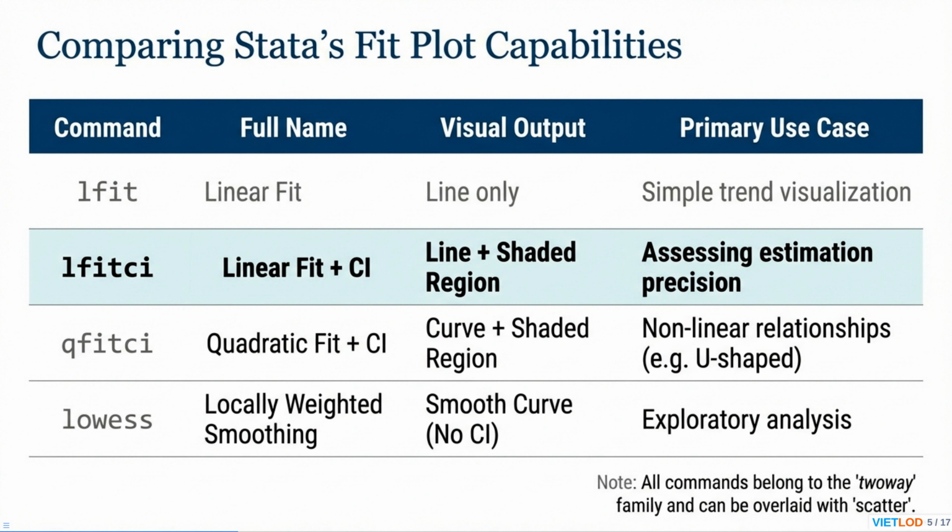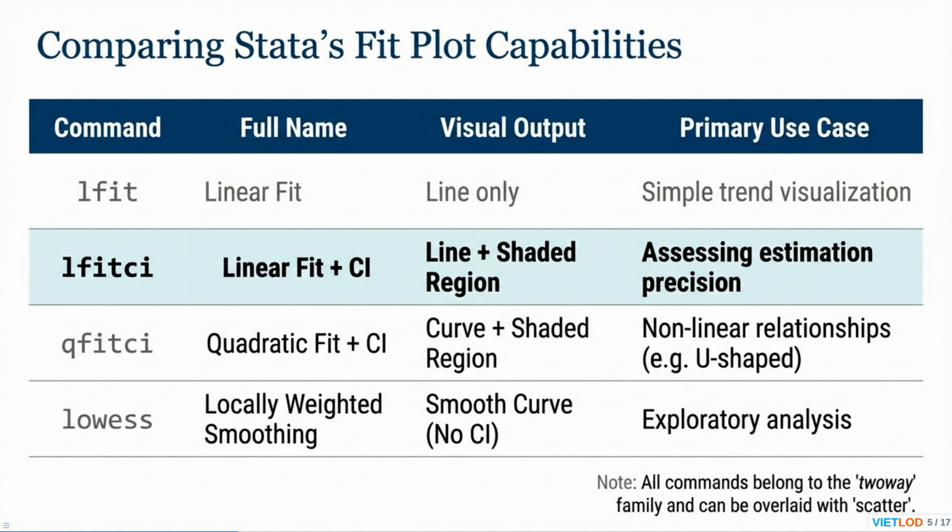For nonlinear relationships, particularly those with a U-shape, qfitci offers a quadratic fit, also accompanied by a confidence interval. Finally, loess, or locally weighted smoothing, is a flexible tool for exploratory analysis. It generates a smooth curve without making strong assumptions about the functional form, but importantly, it does not provide a confidence interval.